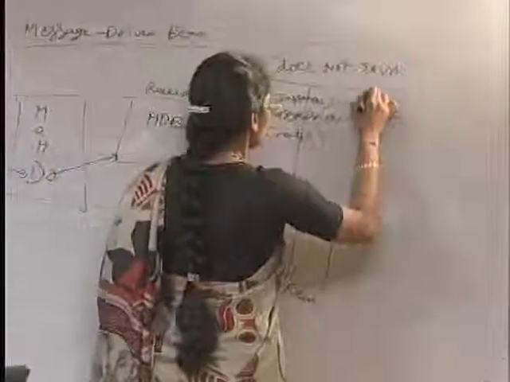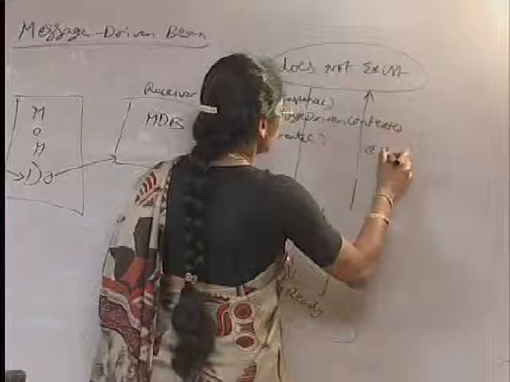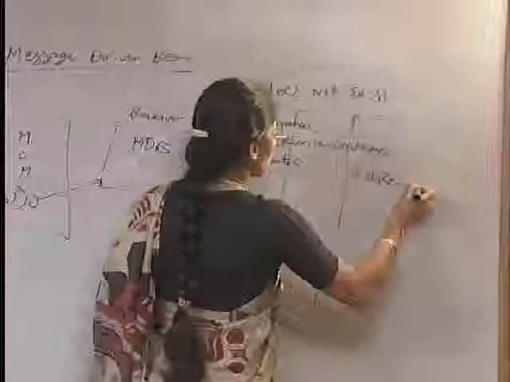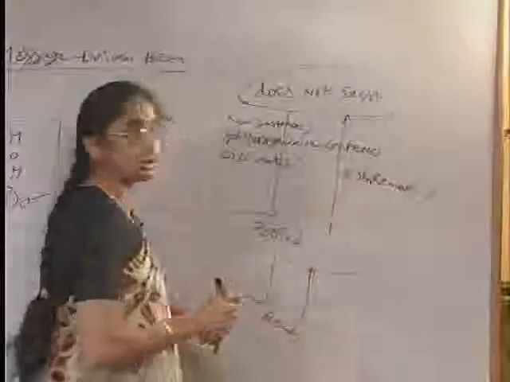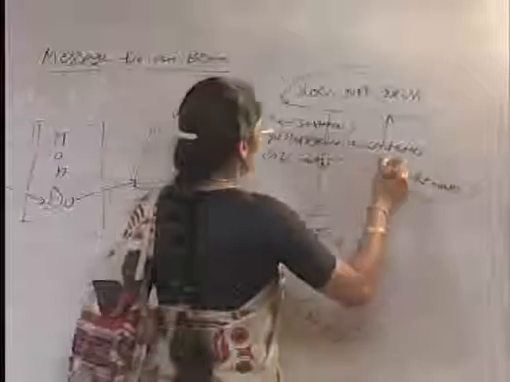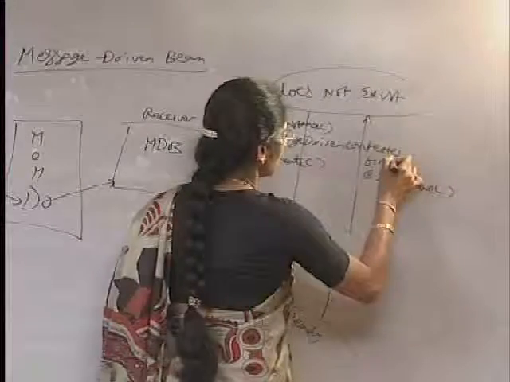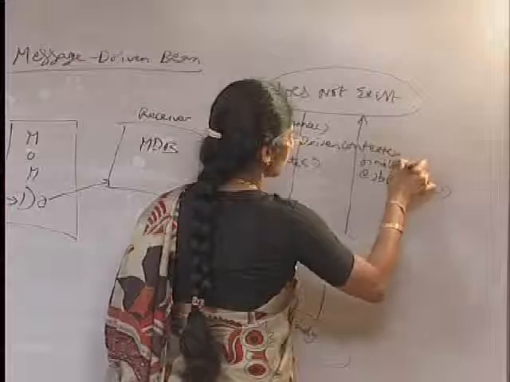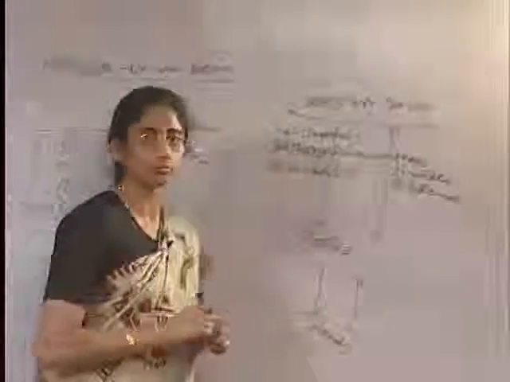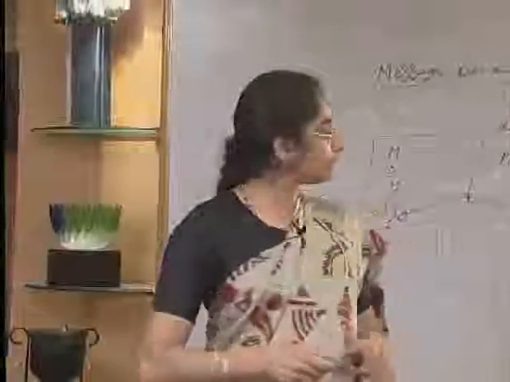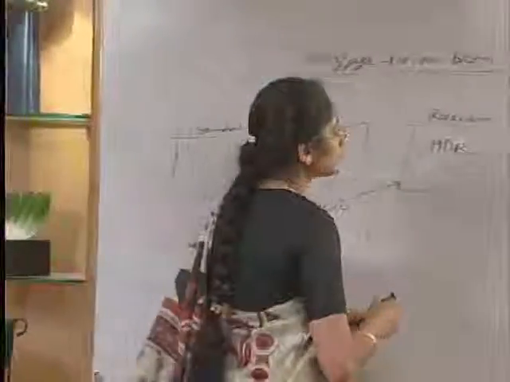Once you call ejbRemove, it moves from the pooled state to the does not exist state and calls the finalize method. This is the life cycle of a message driven bean.